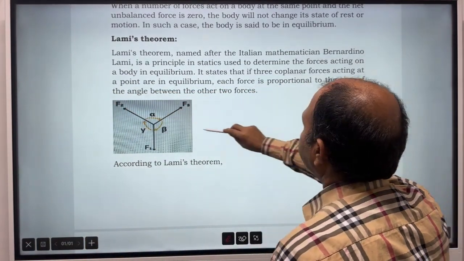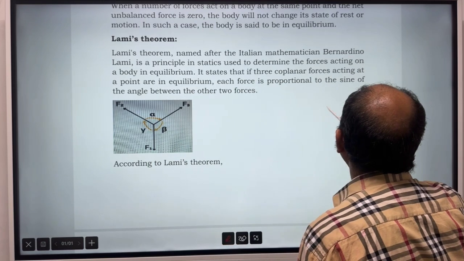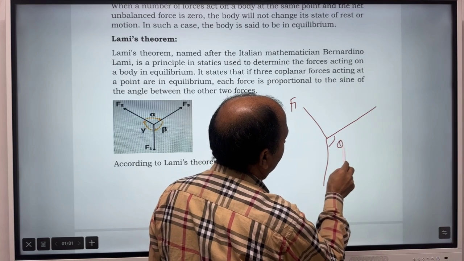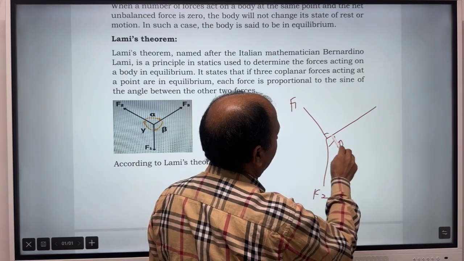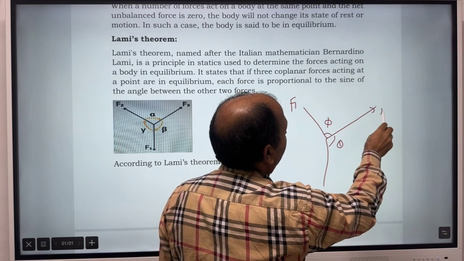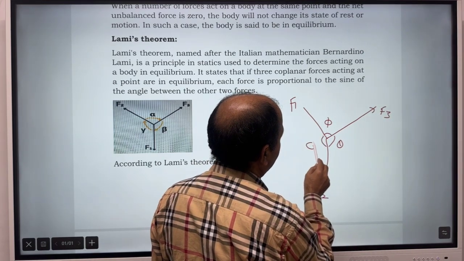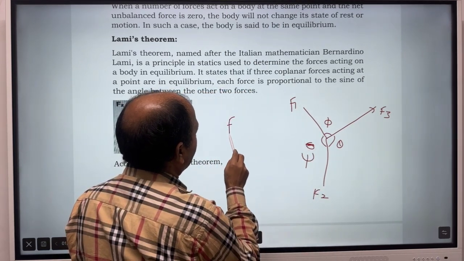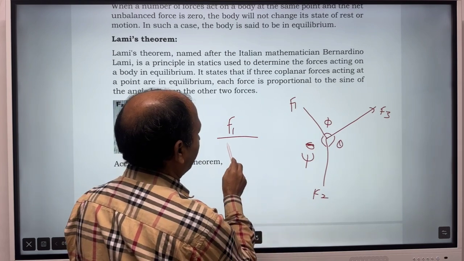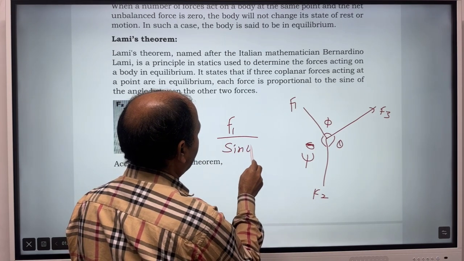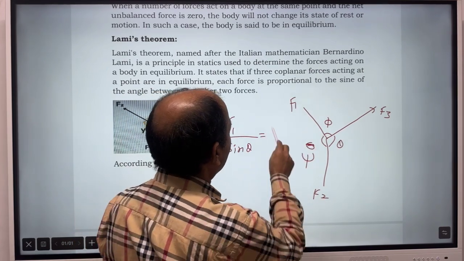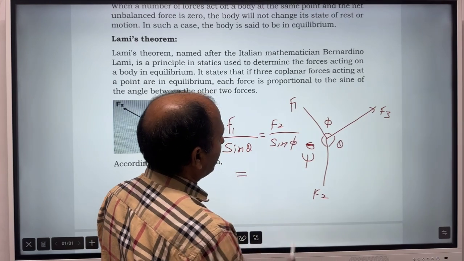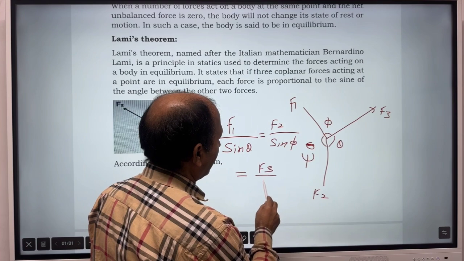It says that if you take force, suppose here you have taken this is F1 force and the angle opposite to this is say theta, and this is force F2, the angle opposite to it is say phi, and suppose this force is F3 and the angle opposite is psi. Then the rule says force F1 divided by sine theta, the angle opposite to it, must be equal to F2 divided by sine phi, equal to F3 divided by sine psi.